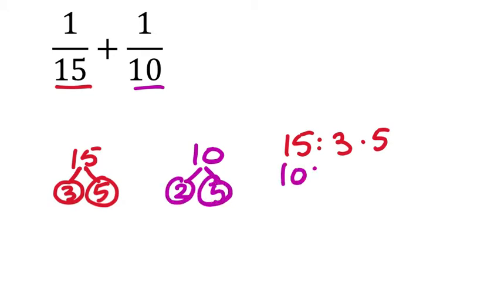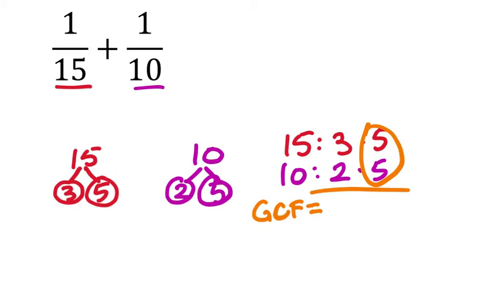I should have done that in that specific order, but it came out pretty nice. Particularly because, remember, we're looking for a greatest common factor here, GCF, which in this case is just this 5 right here, okay?